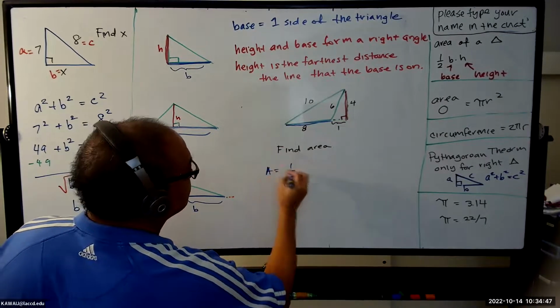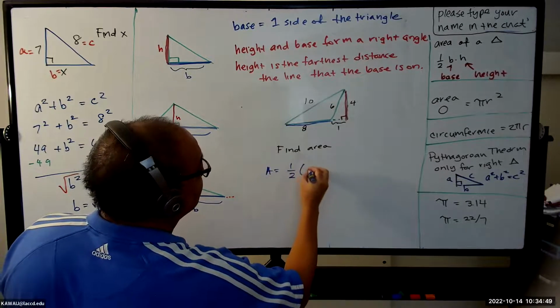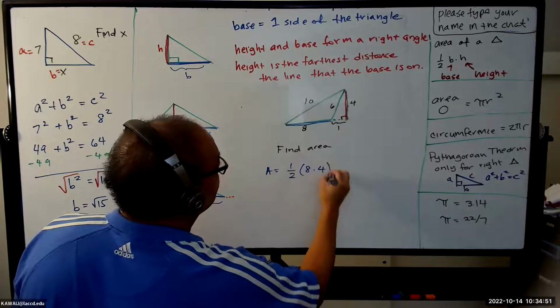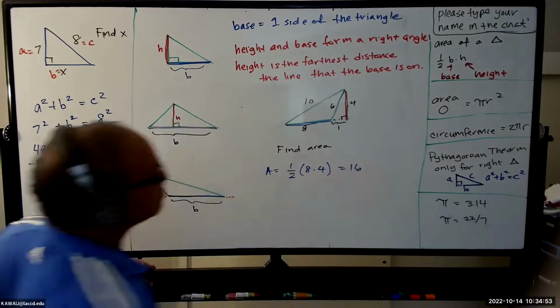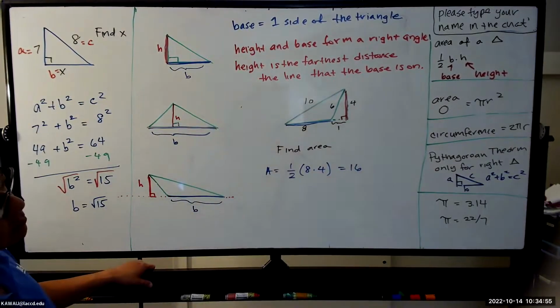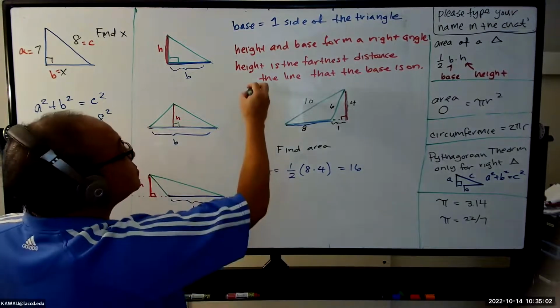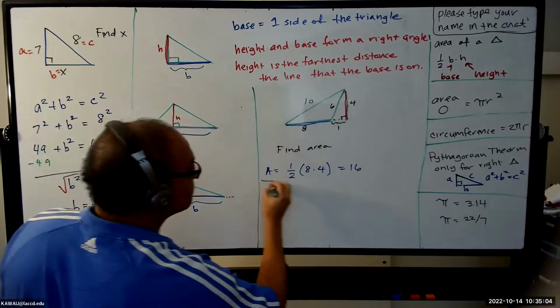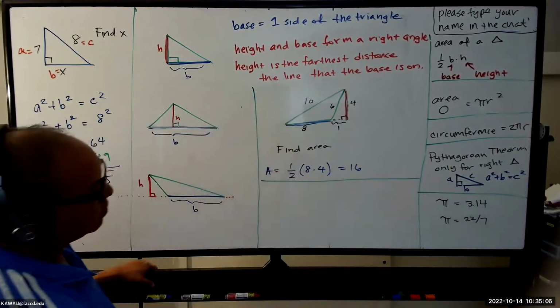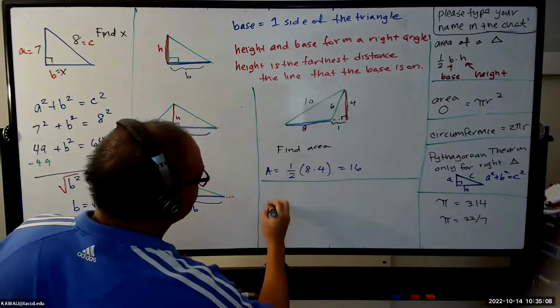Area is equal to 1/2 times 8 times 4, which is equal to 16. Okay. Now let's try another one.